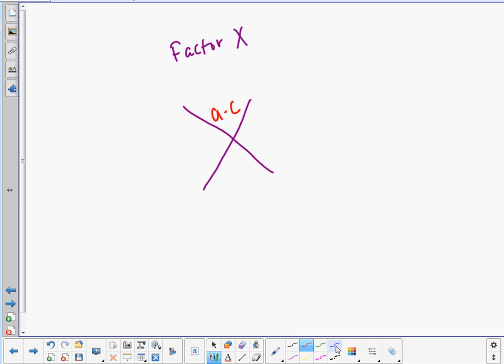The bottom of the factor x is going to be the b term. Now we want two numbers that give us a product of a times c and a sum of b. They have to give us both of these things at the same time.